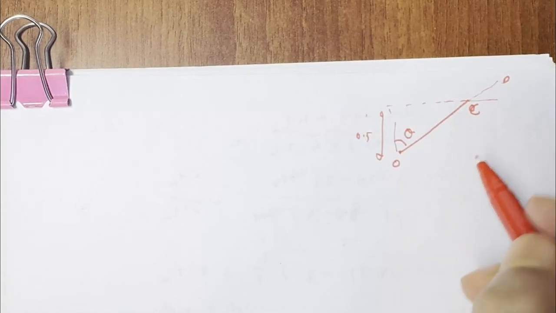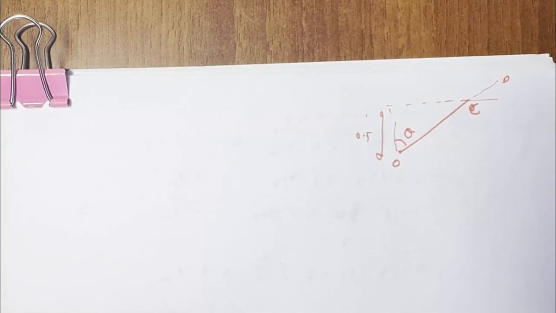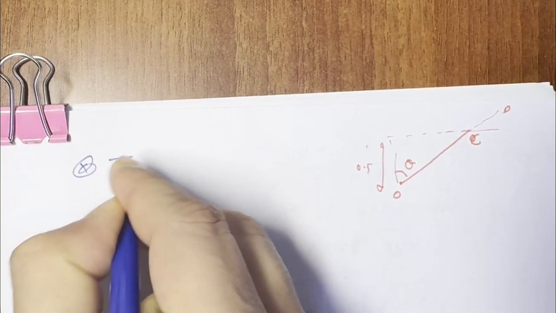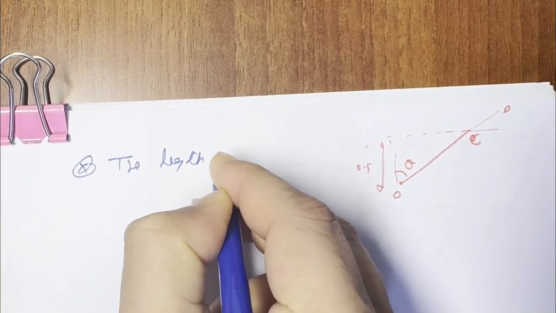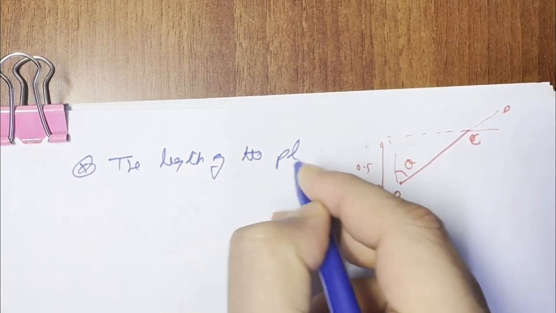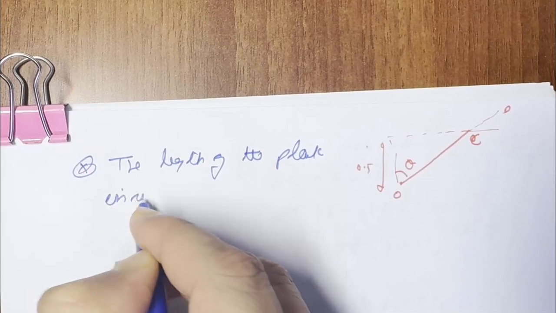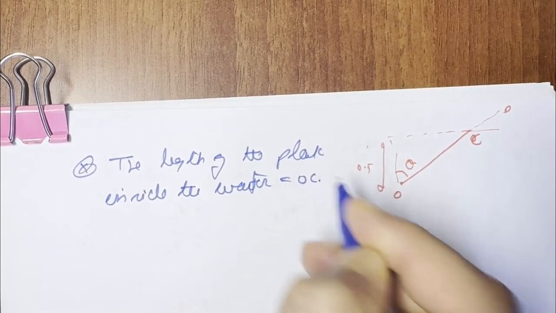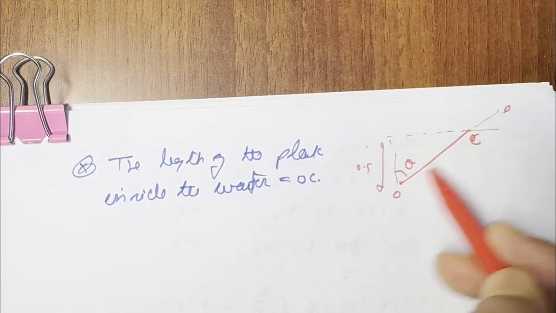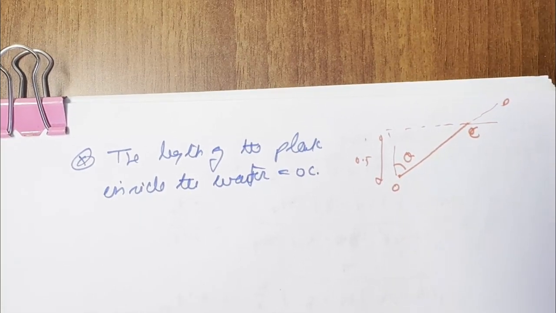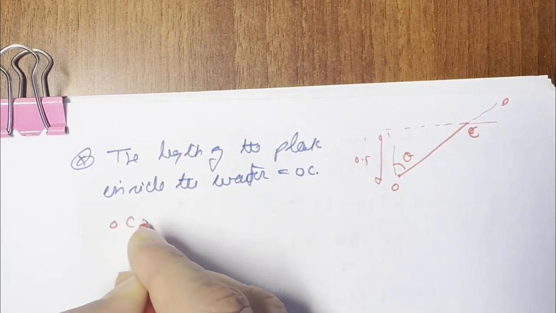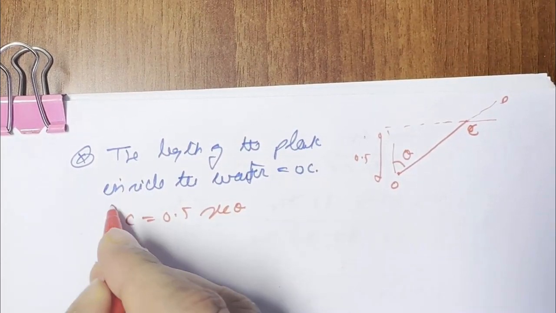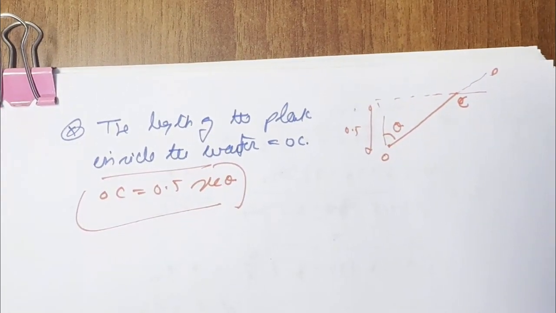So we write the length of the plank inside the water, which will equal OC, and this is a 90-degree angle, and we can write that our OC will be equal to 0.5 secant of theta. So this was our OC.